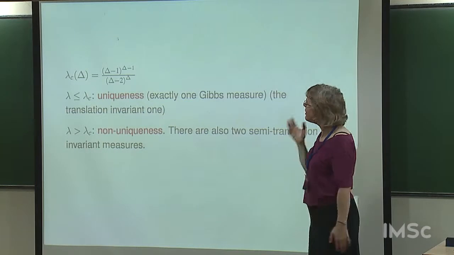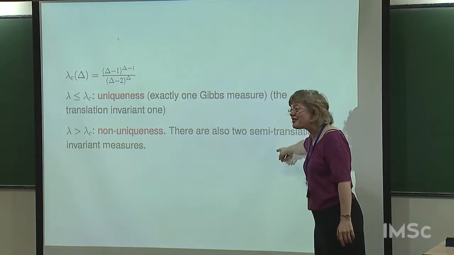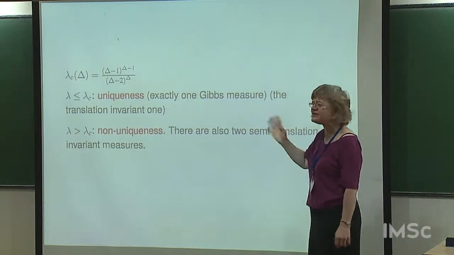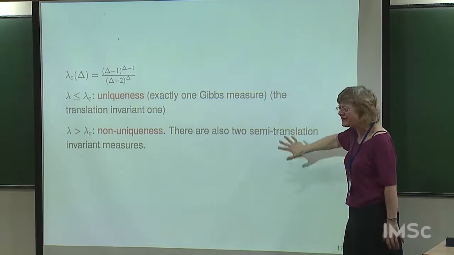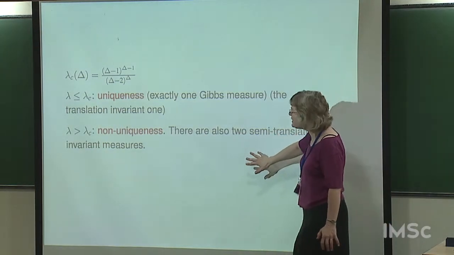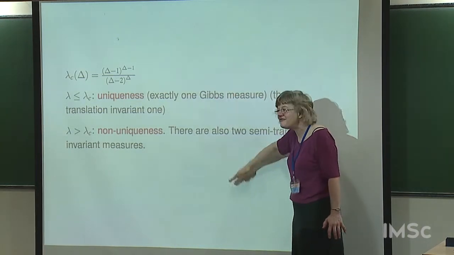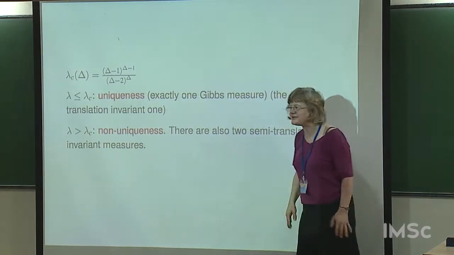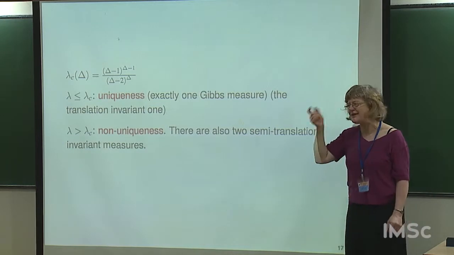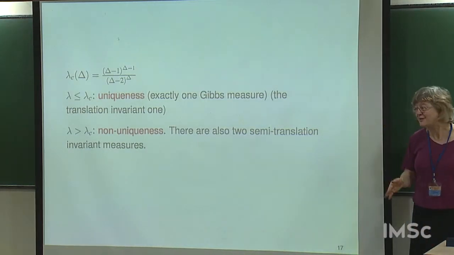You're asking whether there can be other Gibbs measures. I'm not claiming there can't be. What I'm claiming is that in the uniqueness range, there's just the one, and above this point, those two also exist. Actually, I don't think there are others, but I don't want to make that claim in case I'm wrong.